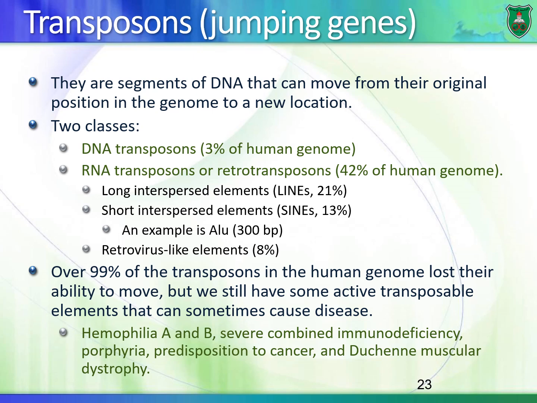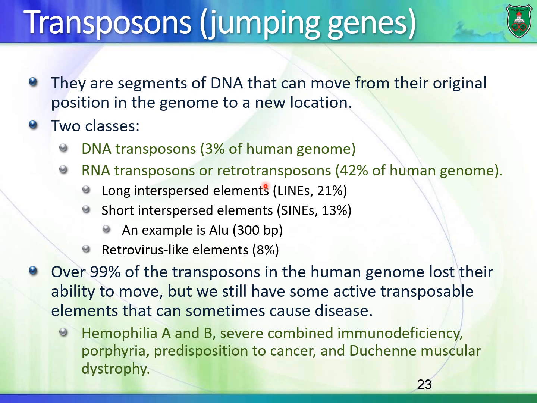It's not that common. Now, there are two types of transposons. We have DNA transposons, and they make up about 3% of our genome. But the majority is basically RNA transposons.